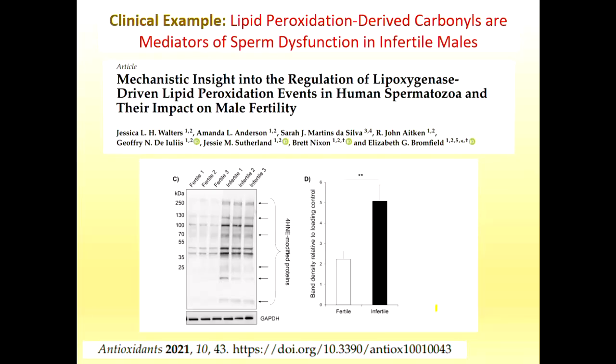These sorts of aldehydes have been implicated in all sorts of diseases, and I just pulled this paper out because I thought it was quite interesting and visually convincing. These folks looked at the levels of protein damage in semen collected from fertile versus infertile males, and look at the ones from the 3 infertile individuals compared to the fertile individuals.